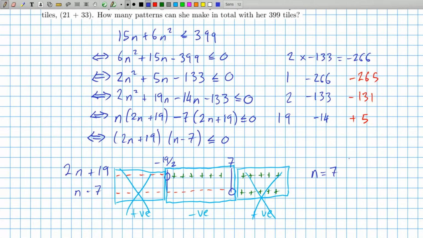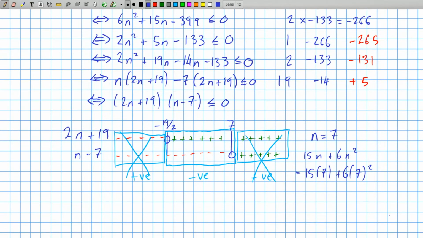And it's exactly that. And if you try, say, 15n plus 6n squared, and you say n is 7, then that's going to be 15 times 7 plus 6 times 7 squared. So that's going to be 105.